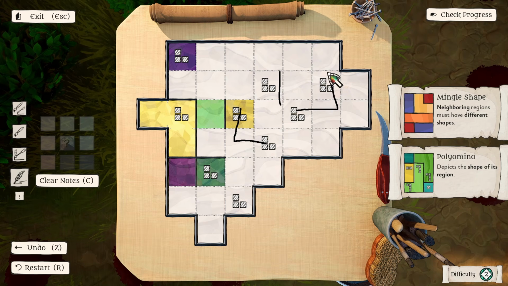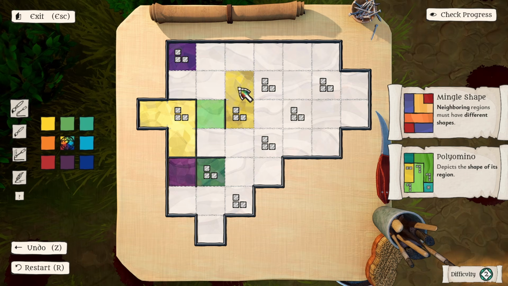So it would do that. Then it would do that. Then this could not do anything without touching that or that. So it doesn't come down and take that one. Instead, it comes up and takes this one.